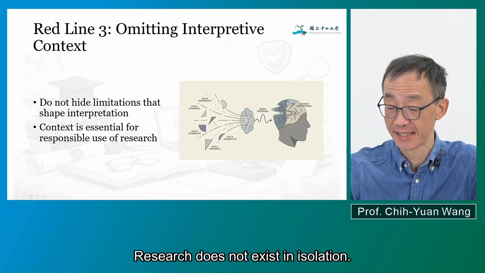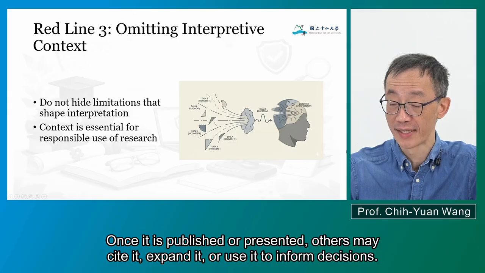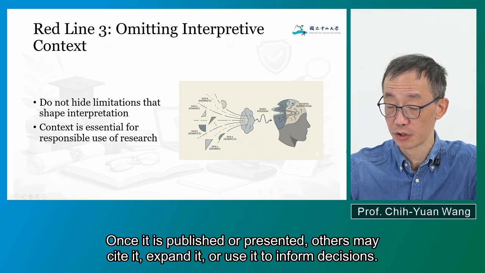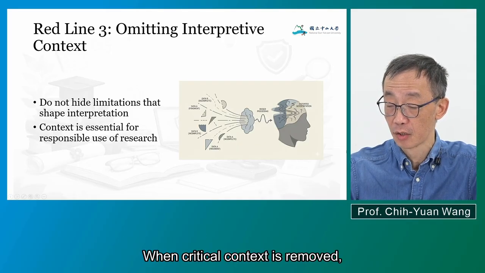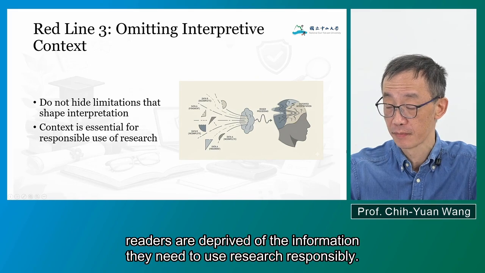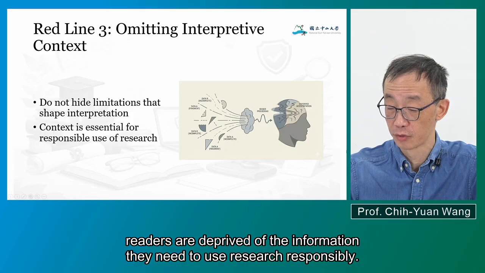Research does not exist in isolation. Once it is published or presented, others may cite it, expand it, or use it to inform decisions. When crucial context is removed, readers are deprived of the information they need to use the research responsibly.